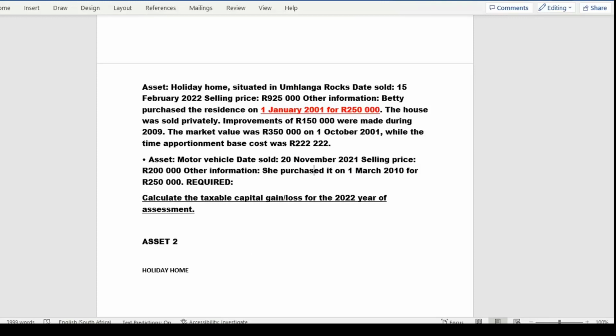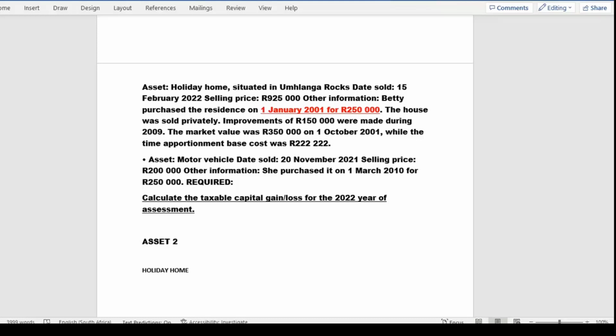Okay, so this is one of the things that you must just consider: the date. Meaning that we have to determine the valuation date value, since it was purchased before the 1st of October 2001. Can you help me? How much is the proceeds? 250,000 rands, because she purchased the residence on 1 January 2001.